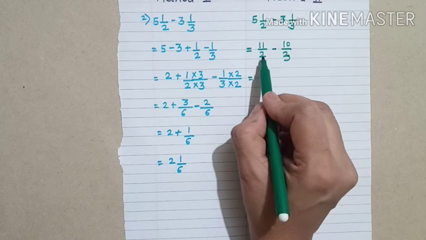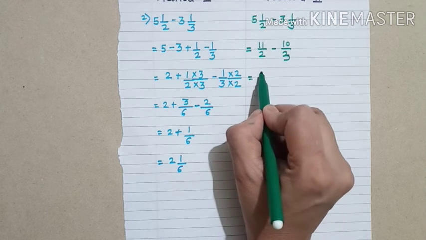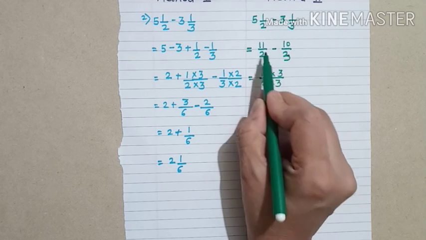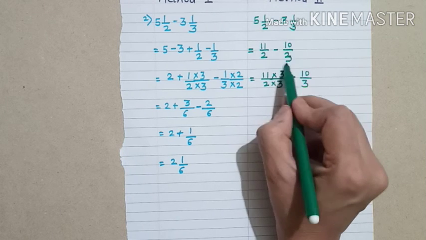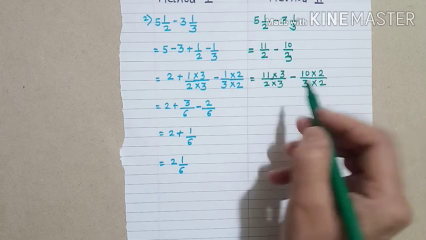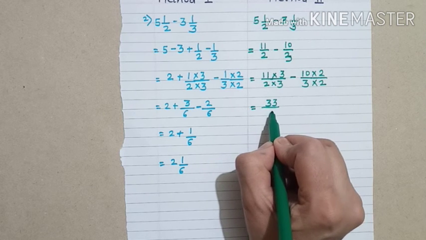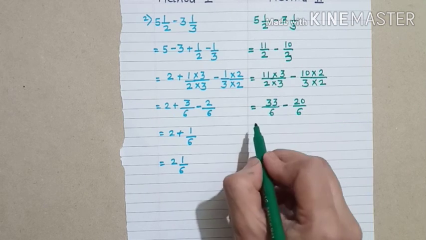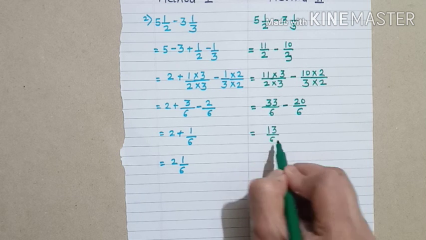Now convert these unlike fractions into like fractions. So 11 upon 2 is multiplied by 3, cross multiplication, minus 10 upon 3, this fraction is multiplied by 2. So 11 3s are 33 upon 2 3s are 6 minus 20 upon 6. After subtraction, the answer is 13 upon 6.